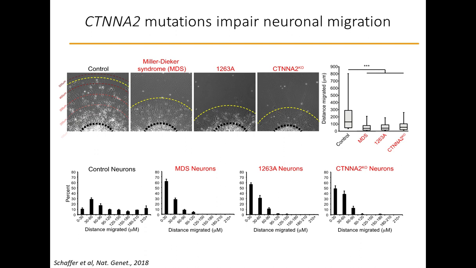The alpha-catenin mutant cells showed a similar distribution of migration distances and cellular phenotypes in vitro, suggesting that our model is representative of the patient phenotype of lissencephaly and could be a useful tool to better understand the disorder.